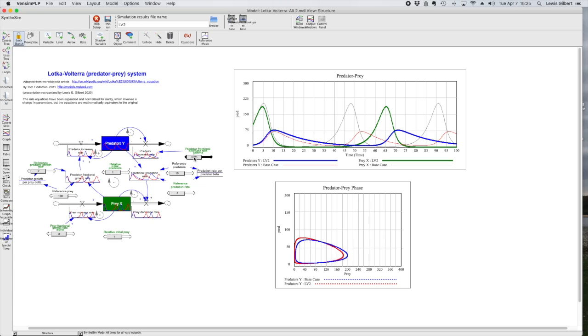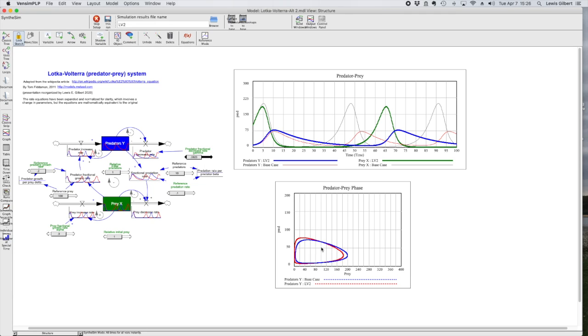Again, we have some impact on the rabbit population, but also note how the length of the cycle gets longer. I should have called out earlier that we can also see these changes down here in the phase space.